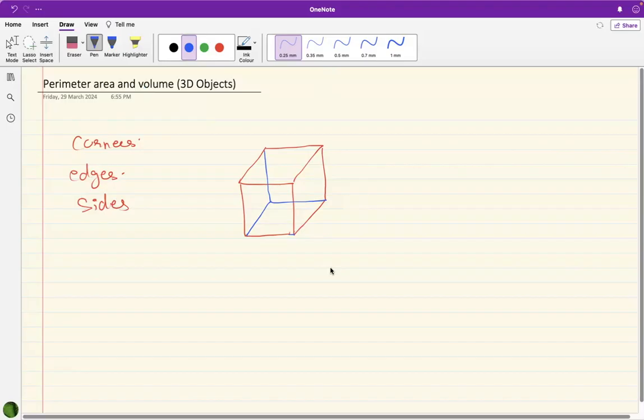Edges, we have 12 edges. Very nice. And how many sides? 6 faces. So very good.